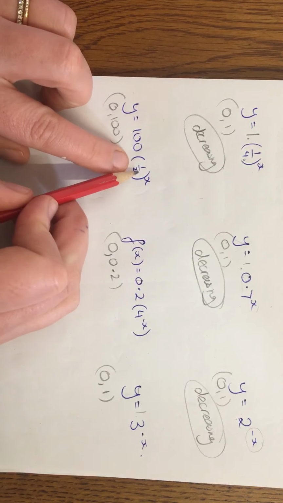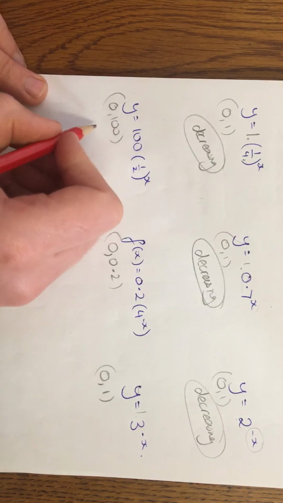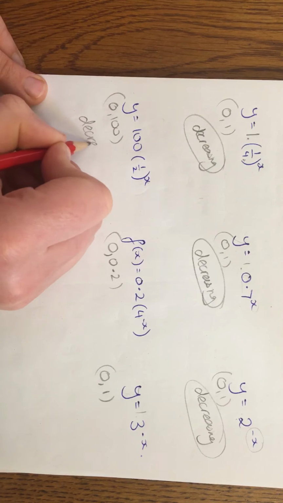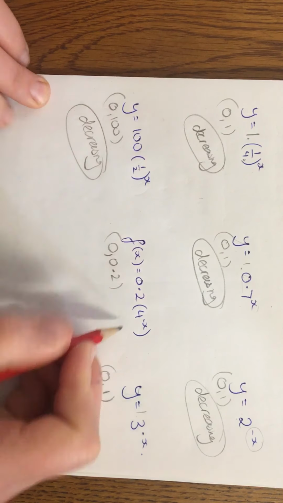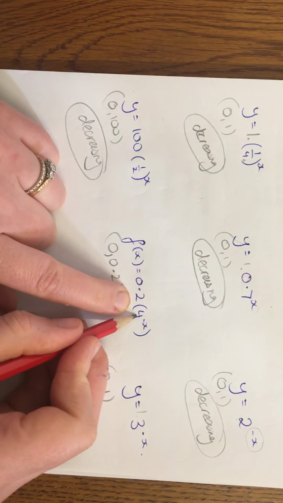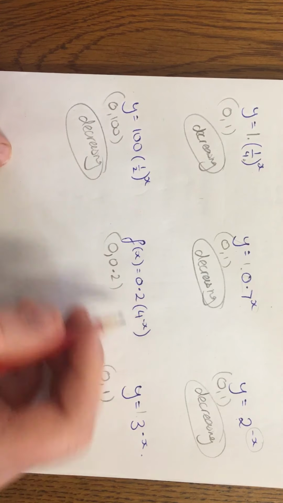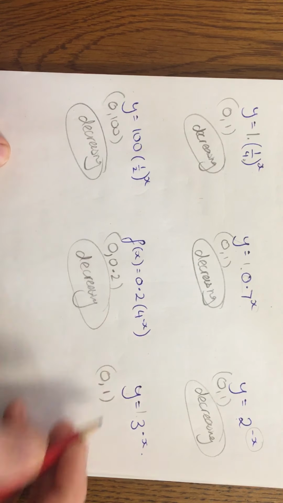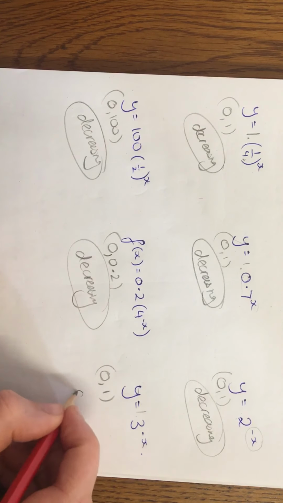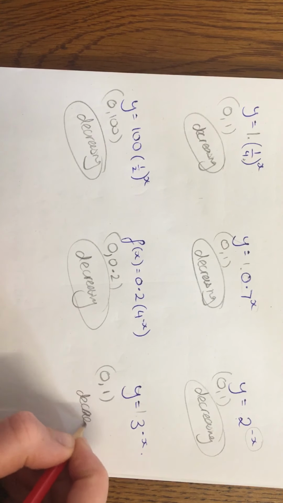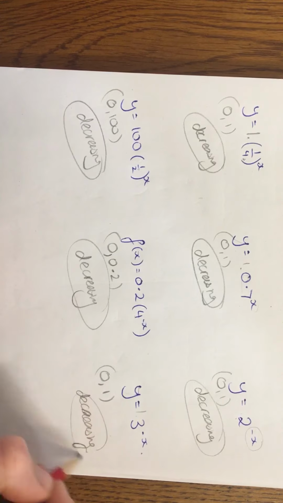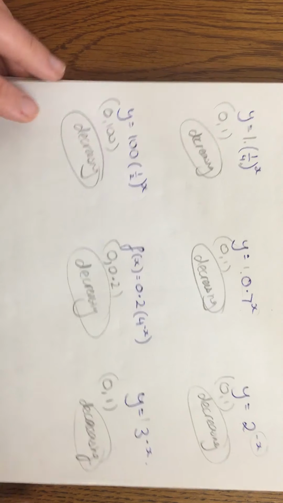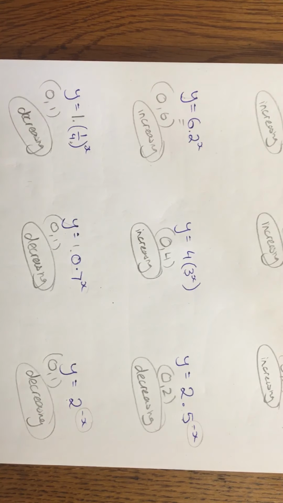Down here, let's look at the one with the power is, oh, it's less than 1, so I'm decreasing. I'm bigger than 1, so that's fine. However, I have a minus with the power, so that is decreasing. And I have a minus with the power, so that's also decreasing.